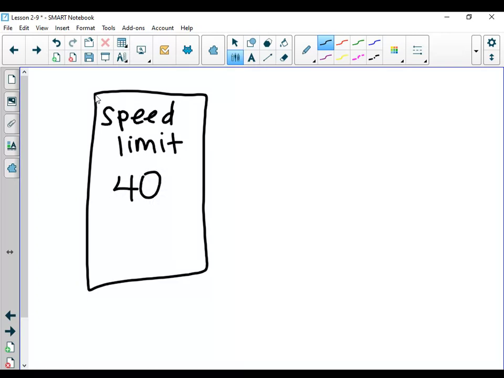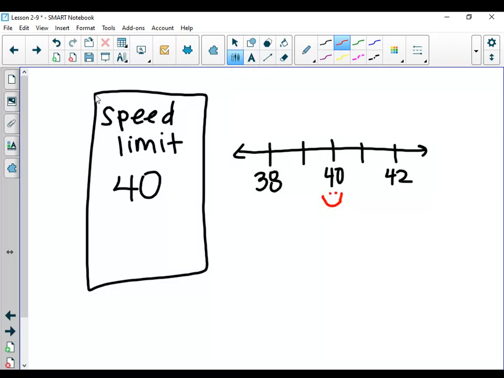If you don't live in a neighborhood, if you live a little bit more out of town, the speed limit might not say 30, it might say 40. 40 exactly is okay. 38 is also safe. 42, probably not safe, getting close to the not safe zone, especially if there's a lot of people, there's construction, there's kids out playing, that kind of thing.